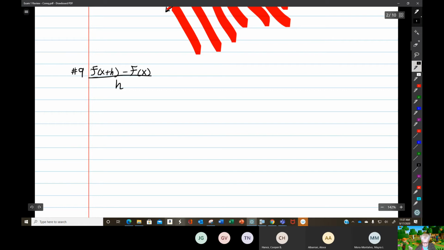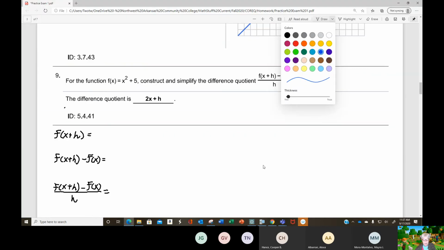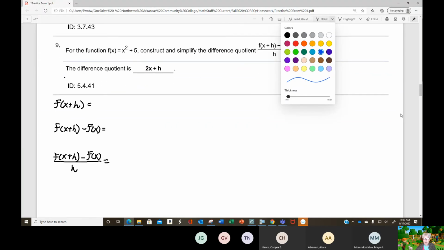But I actually think it's easier to do it on the paper here. So I'm going to get black and do it. I already know what f of x is, so I'm going to find f of x plus h, which means I put x plus h in parentheses in for the x.